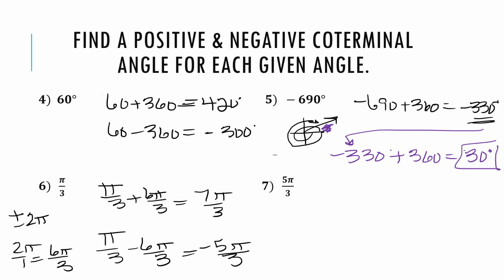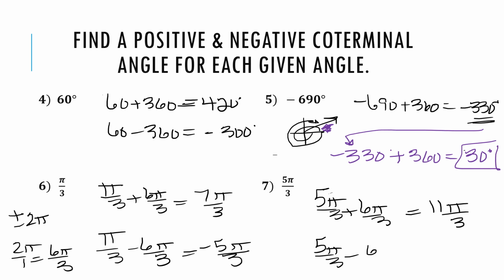We'll do the same thing for the next one, 5 pi over 3. We're still going to use 6 pi over 3, which is equivalent to 2 pi. So 5 pi over 3 plus 6 pi over 3 gives me a positive coterminal of 11 pi over 3. And 5 pi over 3 minus 6 pi over 3 gives me another coterminal, which is negative pi over 3.